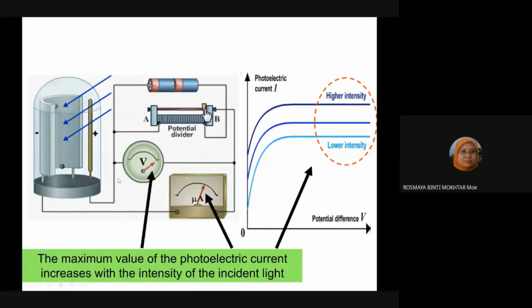Remember we use the same light, so we're not changing the light. For example, we don't use UV and then green light and so on. We just use one type of light with one wavelength. We only change the brightness of the light, or in other words, the intensity of the light. So with higher intensity, a higher maximum photoelectric current can be reached.